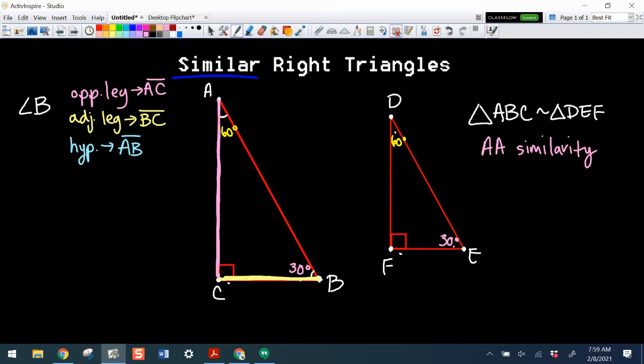Now, the reason we're defining this is because when we look at angle A as the indicated angle, things change a little bit.